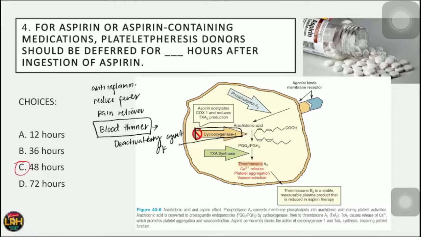Your cyclooxygenase is needed in the platelet adhesion cascade that will act upon your arachidonic acid, which will later be converted to thromboxane A2. Your thromboxane A2 is needed to stimulate a cascade of events resulting in platelet secretion and platelet aggregation. So, kapag may aspirin, the platelet function is deferred or affected.